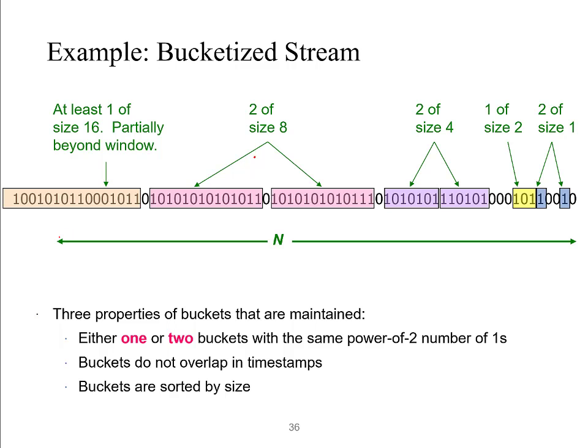This is the window of size n, from here to here, and each box represents a bucket. As you can see, the number of ones in a bucket is always a power of 2: 1, 2, 4, 8, 16, and so on.